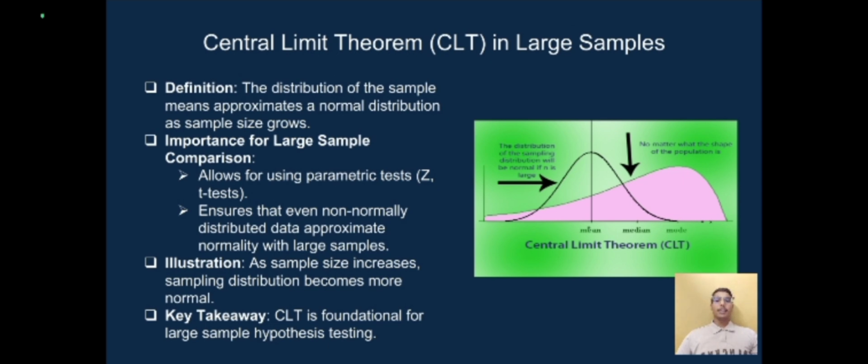Why does CLT matter? The central limit theorem makes it possible to apply these tests even on data that isn't perfectly normal, as long as our sample size is large. For instance, if we take a large enough sample of people's heights, their average height will tend to be normally distributed regardless of the population distribution.